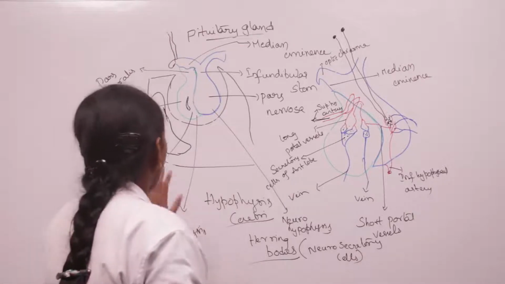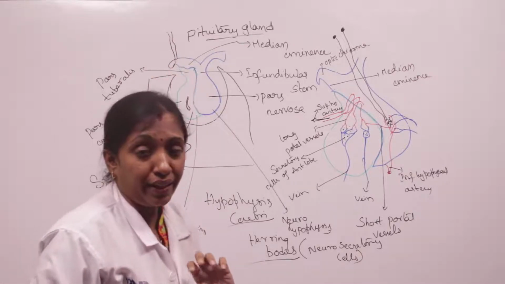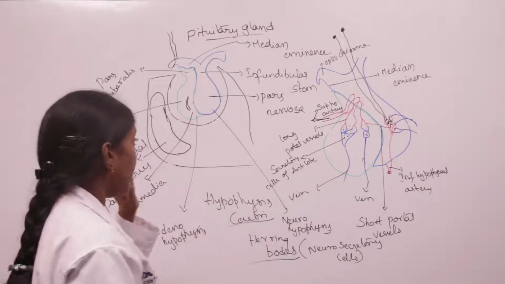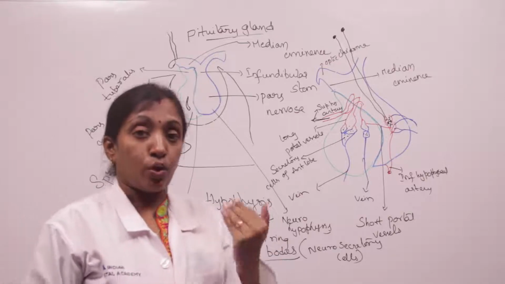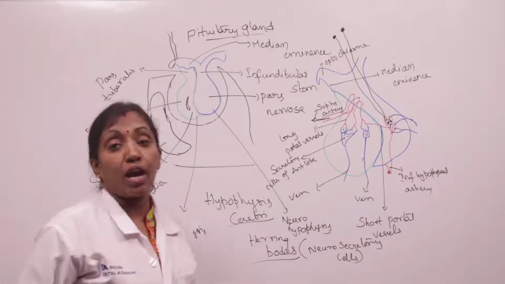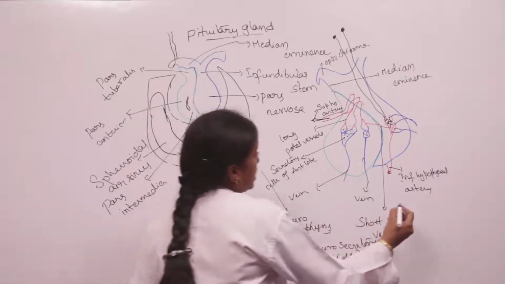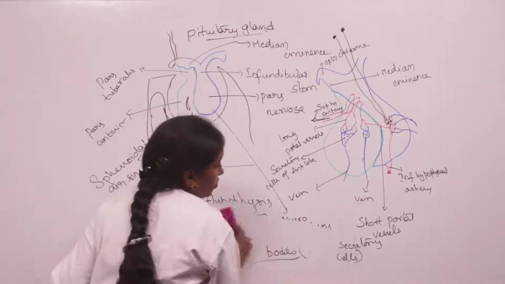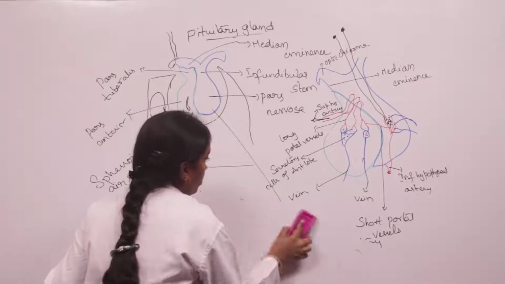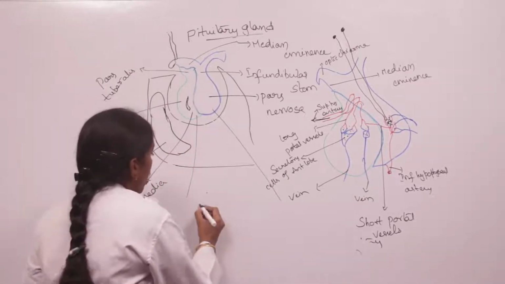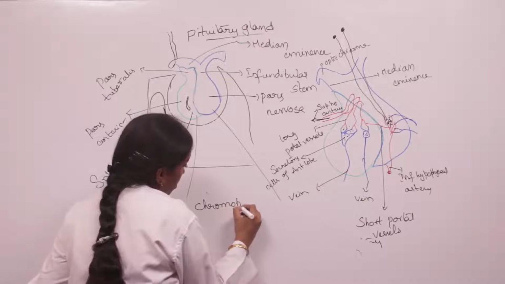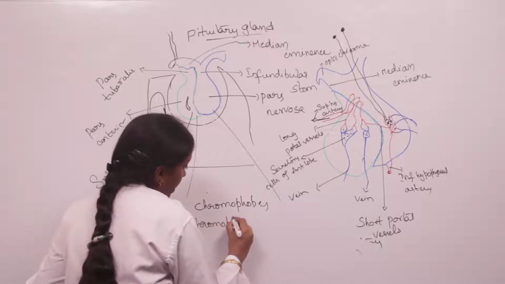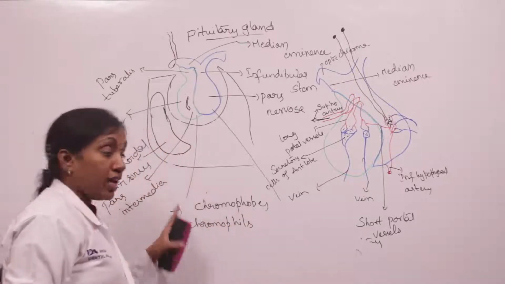First, coming to the anterior part. The anterior part consists of chromophobes as well as chromophil cells. Chromophobes occupy 50% of the cells, and chromophils occupy the other 50% of the cells of the anterior lobe.